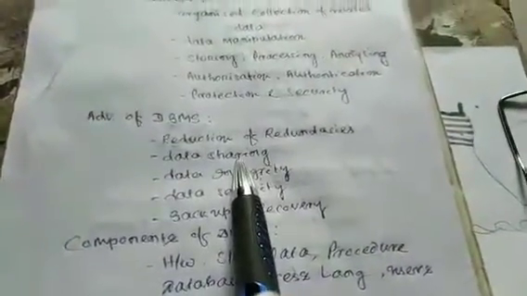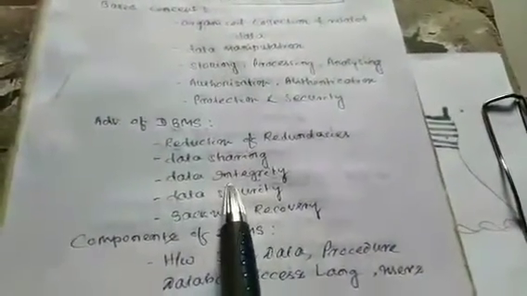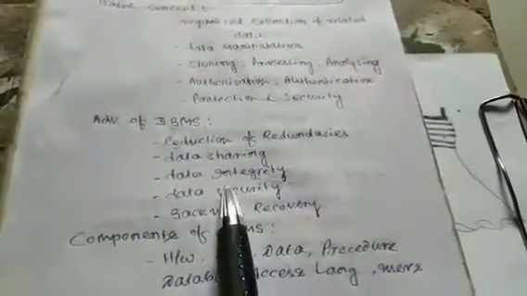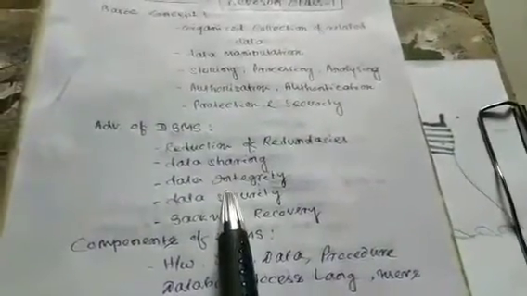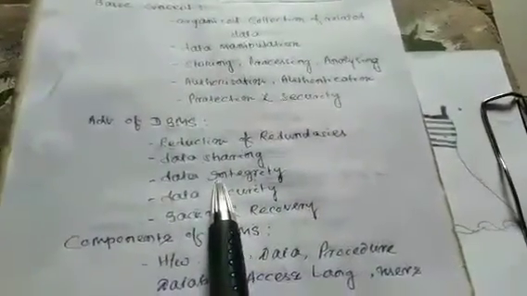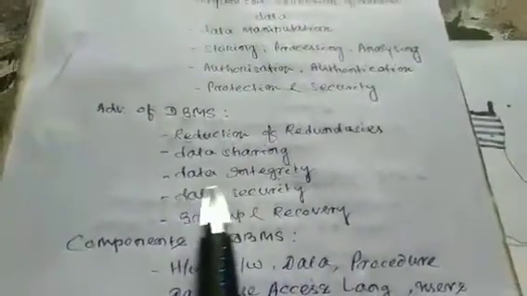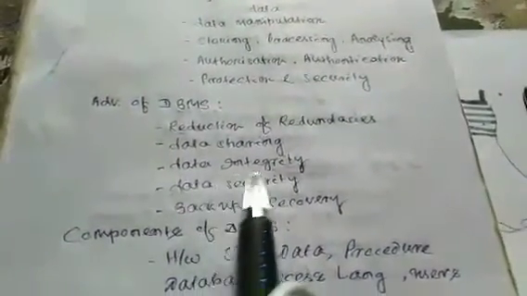That is data sharing. The next point discussed was data integrity. Data integrity means consistent and valid values can only be stored in the database. Both accurate and consistent values are required to be stored in the database.